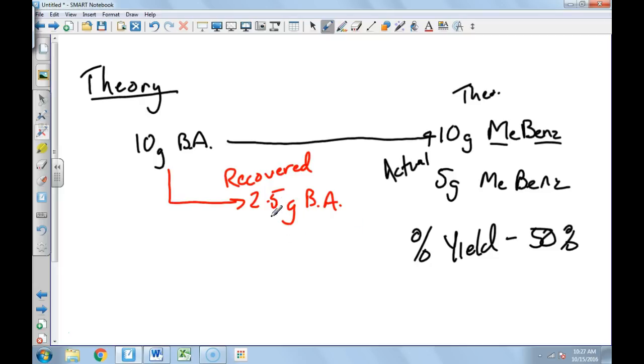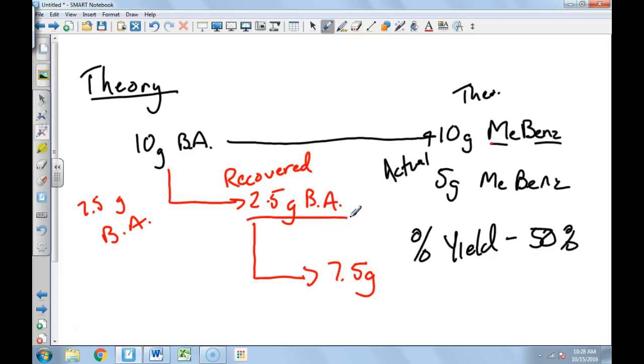Because we recovered 2.5 grams, how many grams of methyl benzoate should we have made? Well, now we know that we should have only had 7.5 grams of methyl benzoate, because we only had 7.5 grams of benzoic acid that we used here, right? This was 7.5 grams of benzoic acid because we know that all of it wasn't used in the reaction. We recovered 2.5 grams.